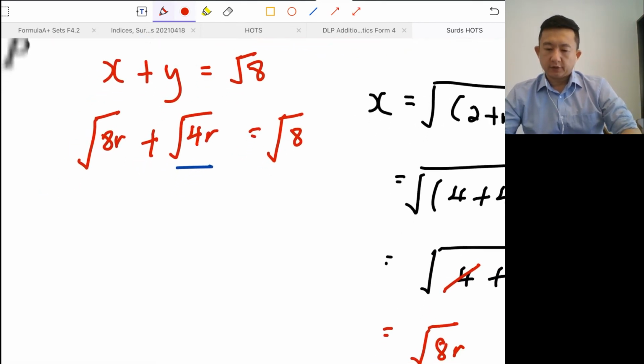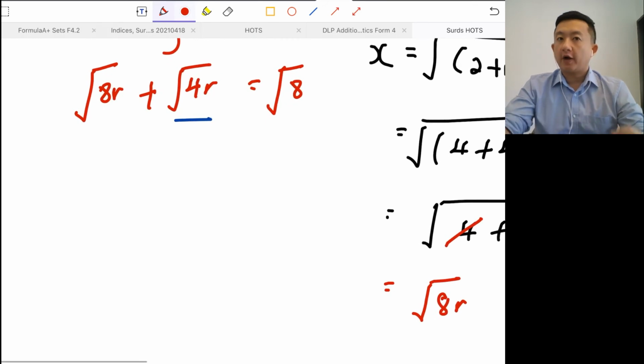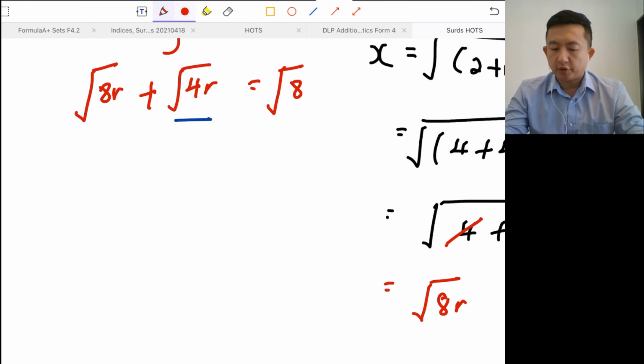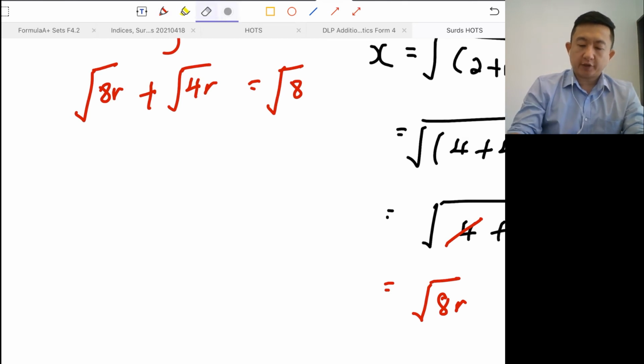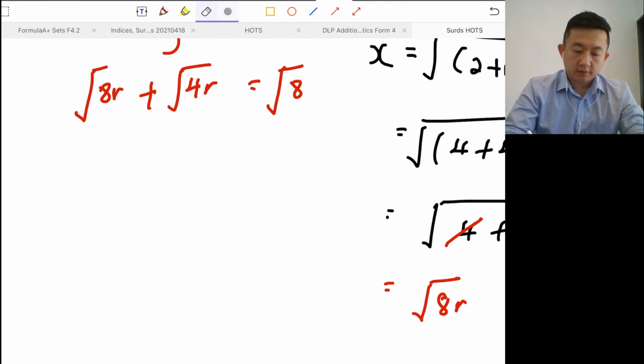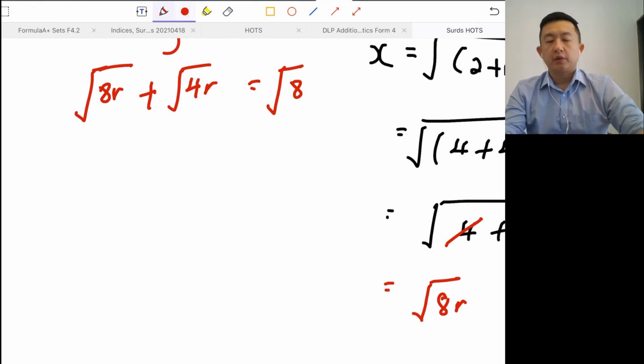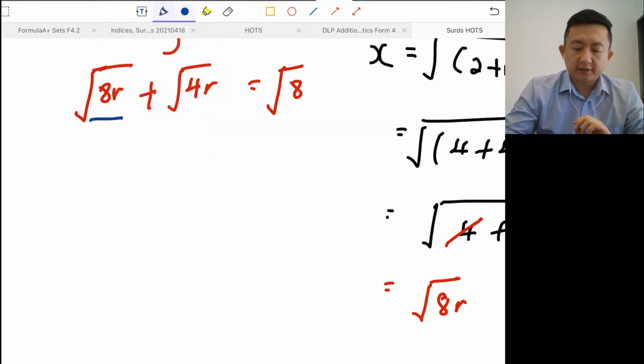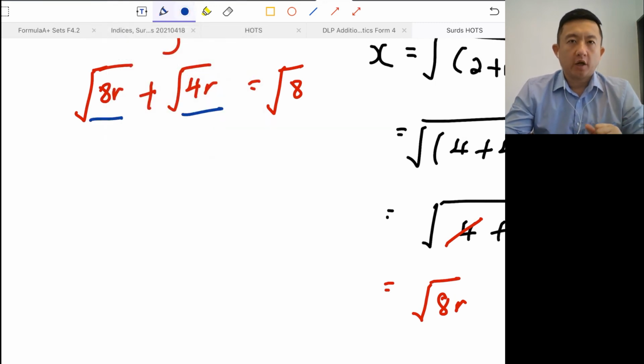Okay? So your objective is to find the value of R, hence finding the radius of a smaller circle. So you look at these equations. Square root 8R plus square root 4R equals square root 8. What you want is R. So when you look at these two terms, think of the highest common factor.